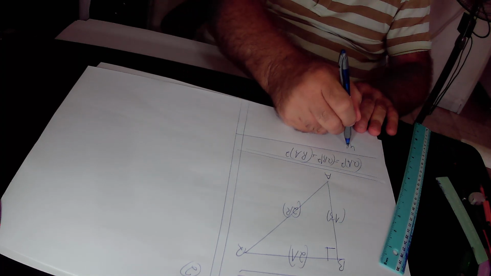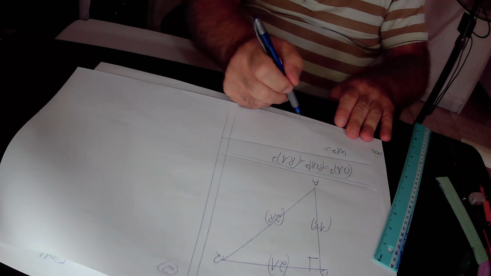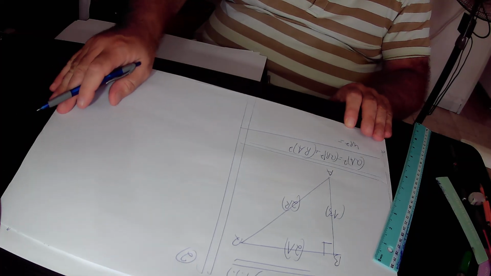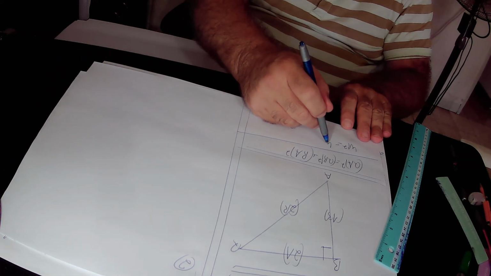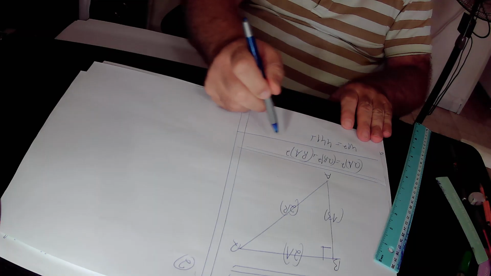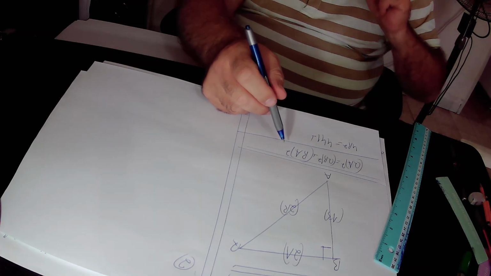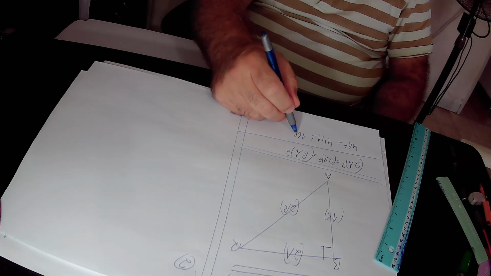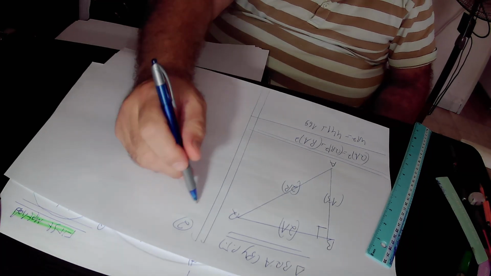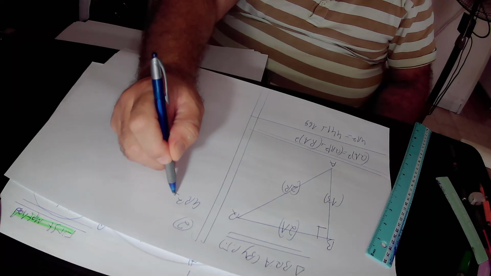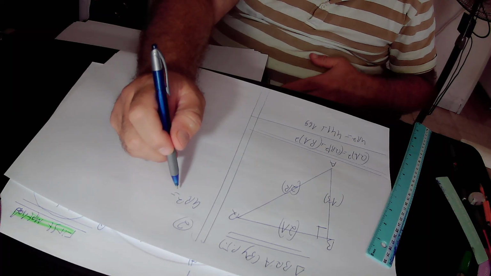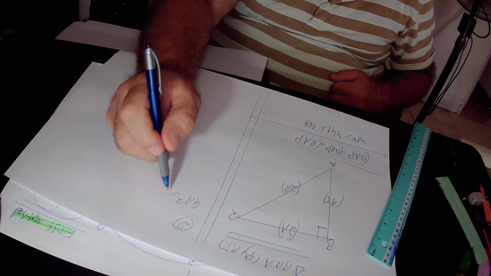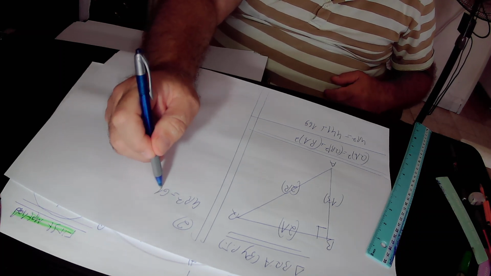So 4r squared equals QB squared. QB is 21, therefore QB squared is 21 squared, that is 441, plus BA squared. BA is 13, therefore BA squared is 13 squared, that is 169. So in total we found that 4r squared equals 441 plus 169. 441 plus 169 is equal to 610.